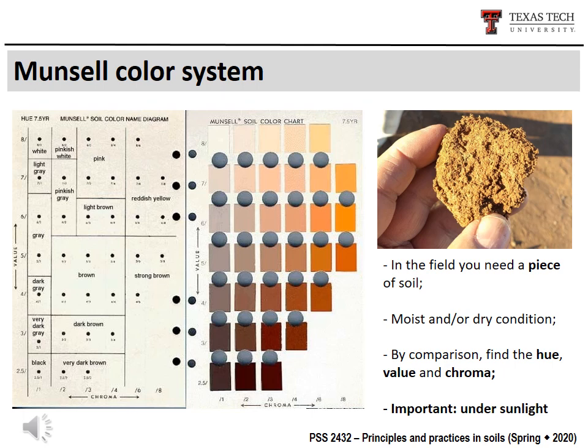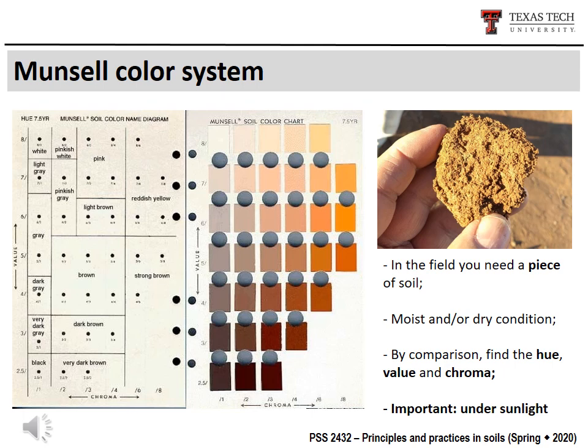And how can I use the Munsell color book and bring it to the field? As you can see here on the right side, there is a piece of soil. We need a piece of soil.